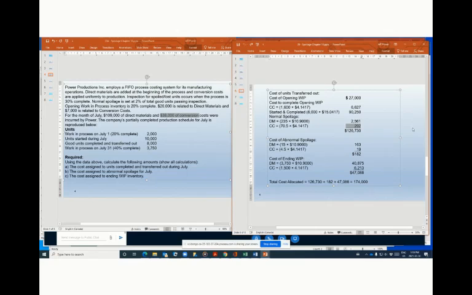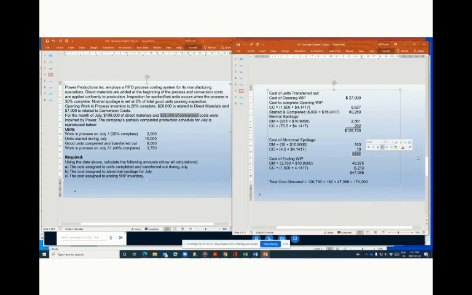Now, what about the extra 15 units? What do they cost me? Well, I wasted 15 units worth of materials, and I wasted the equivalent of 4.5 units worth of conversion, for a total of $182. And what does that $182 do? Again, it's no longer a work in process. Those are in the trash bin.